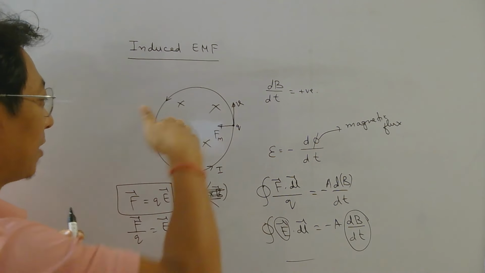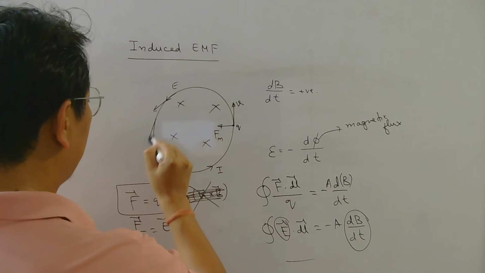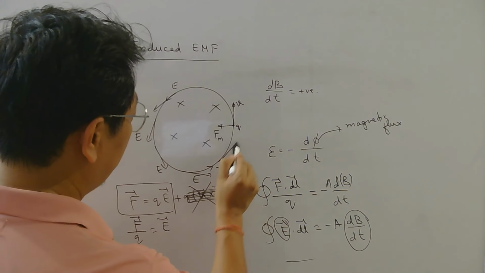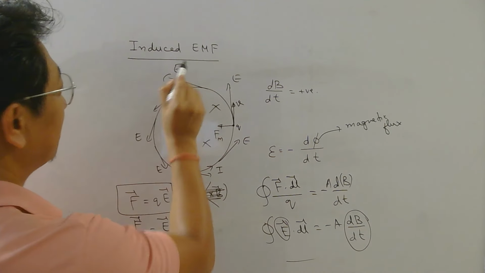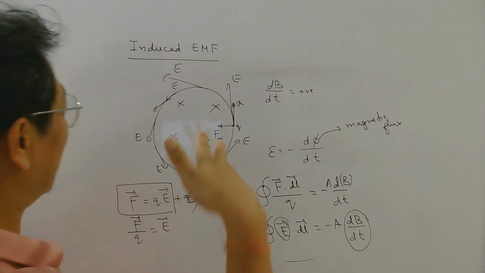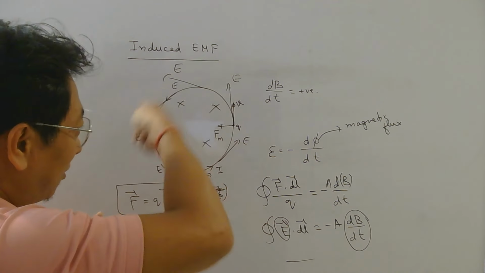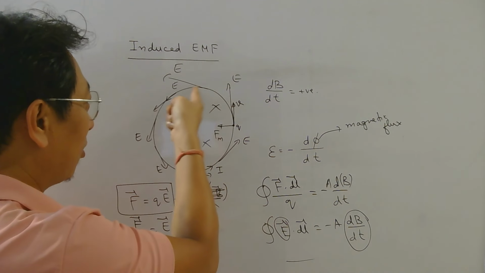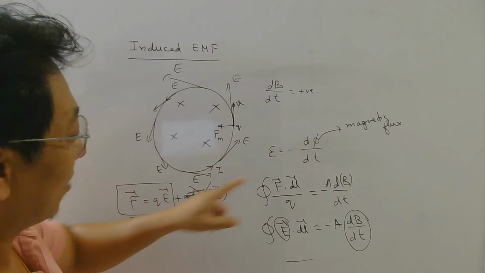So what happens is, when magnetic field changes with time, electric field is created everywhere like this. Actually, we should have taken a solenoid to create this magnetic field, but those are details. So here we will just assume magnetic field is changing in a circular region that creates this kind of circular electric field, and therefore if you move a charge along this loop, it will do some positive work, and that work done divided by the charge is what is called EMF.